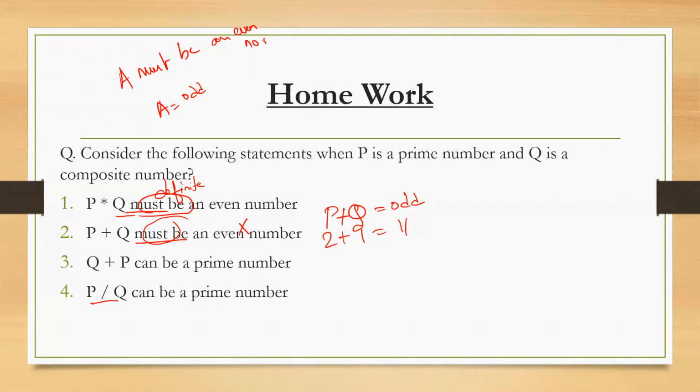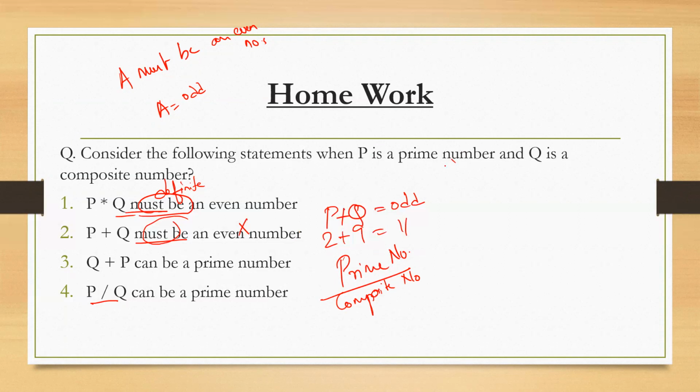If P is a prime number and Q is a composite number, that is a prime number divided by a composite number. Is it possible that there will be a prime number? Shivranjani, Somashekar, any examples that you can give? It will not be possible, okay?